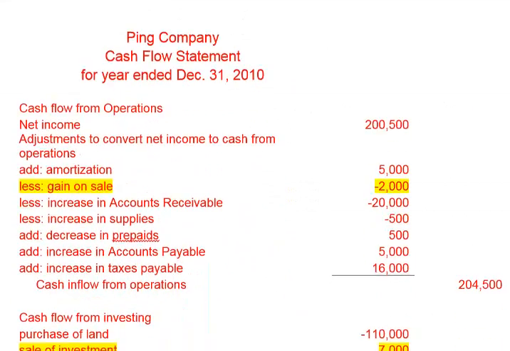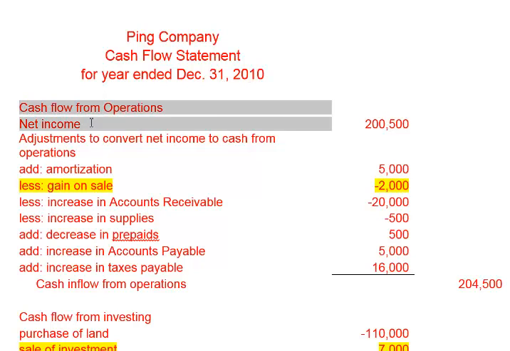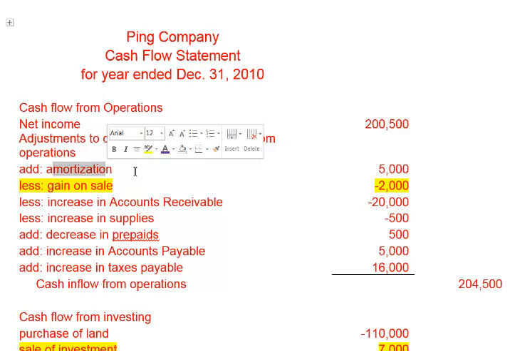If we scroll down here, we have our cash flow statement for the year ended 2010, and we start with our cash flow from operations, and we're going to look at net income. That's our net income from our income statement. To make adjustments to convert our net income to the cash basis from operations, we have to add in our amortization. So we're looking at our income statement accounts first.